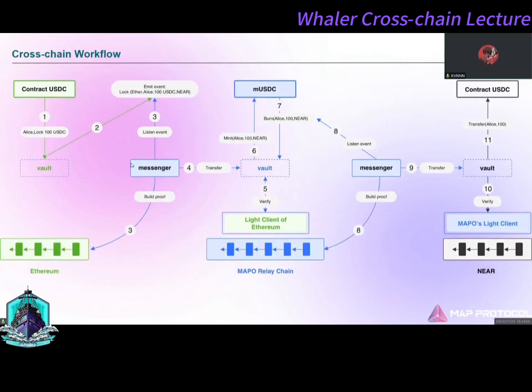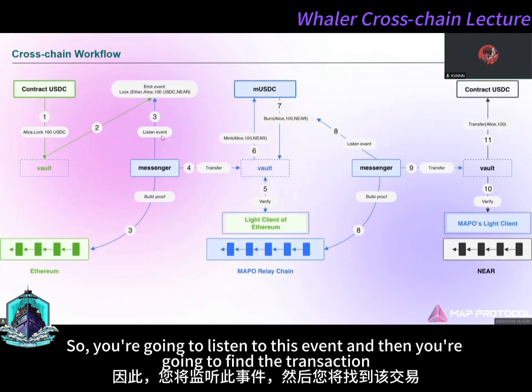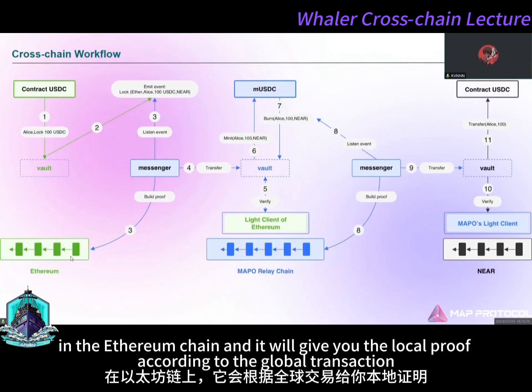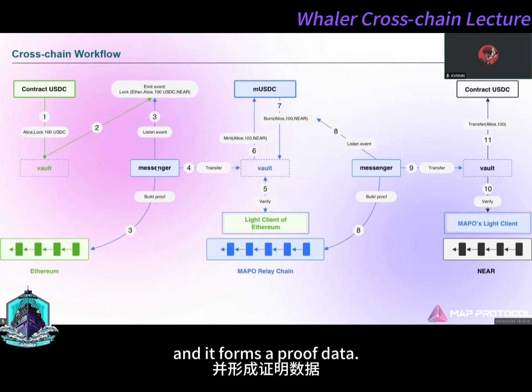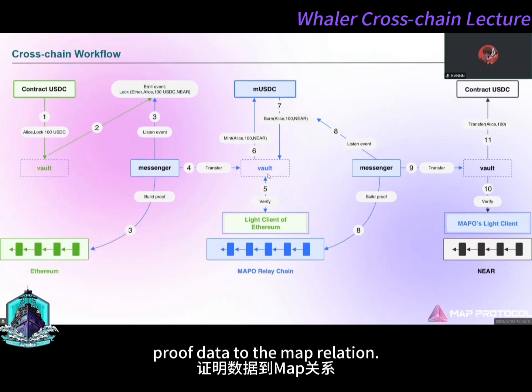Then the messenger we mentioned before, which is responsible for building the proof data and delivering the transaction, is going to listen to this event, find the transaction in the Ethereum chain, and build a Merkle proof according to the block and transaction, forming the proof data. Then the messenger is going to transfer this proof data to the Map relay chain.